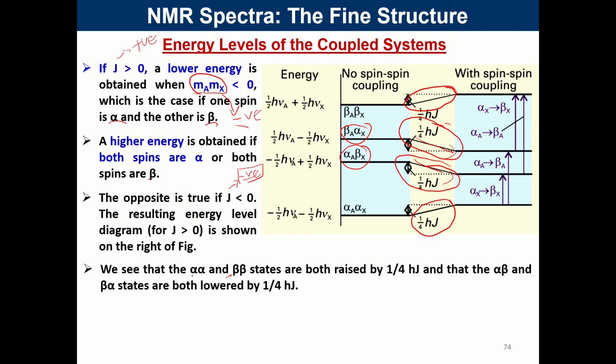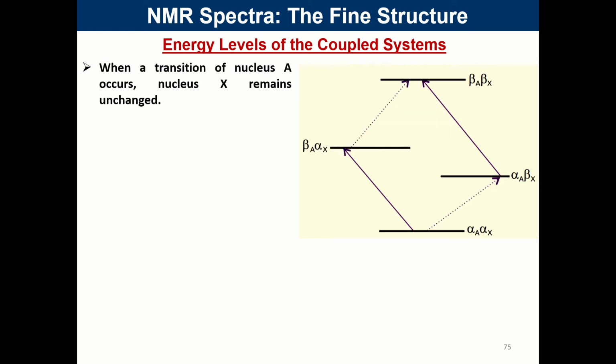Okay, so we see that alpha alpha states, beta beta states, both are raised by 1 by 4 J, and alpha beta, beta alpha both are lowered by 1 by 4 J. So this is what we have seen, and this is another way of representing the same diagram. So starting from alpha A alpha X, you can have either a change in the X nucleus spin or A.